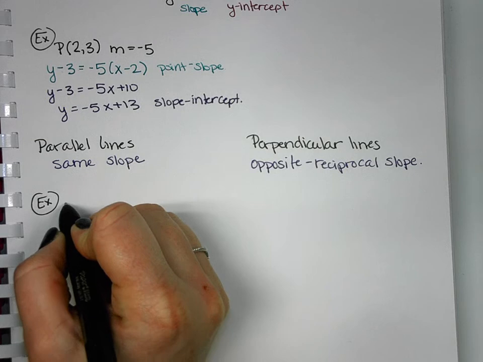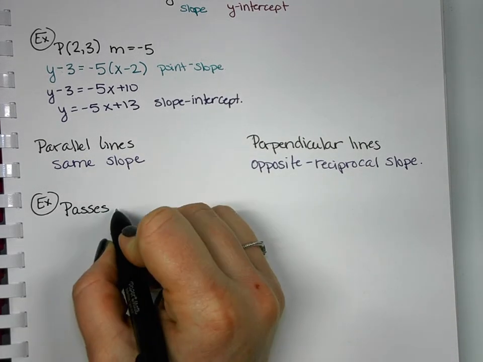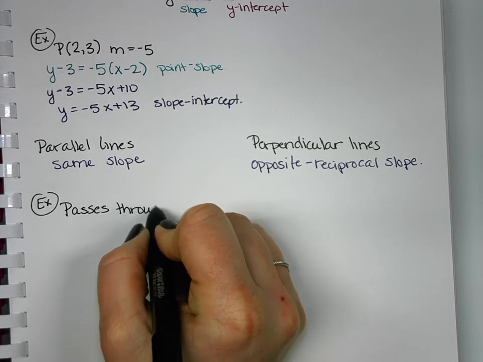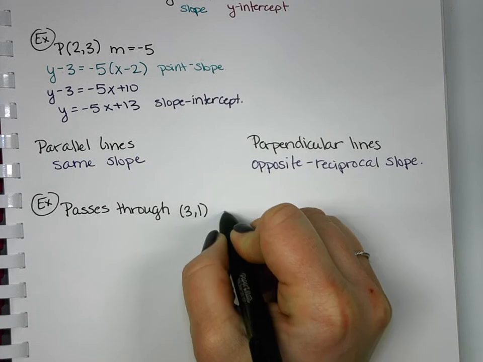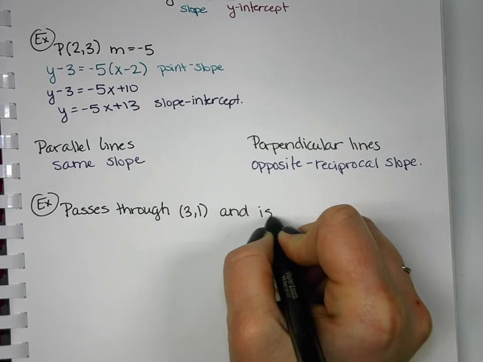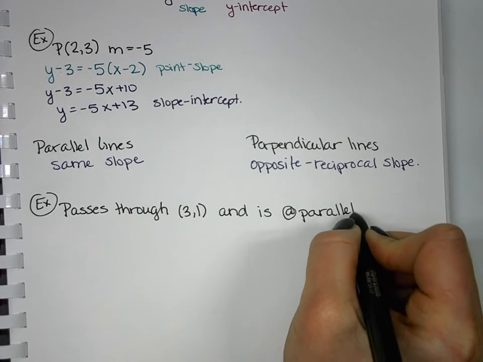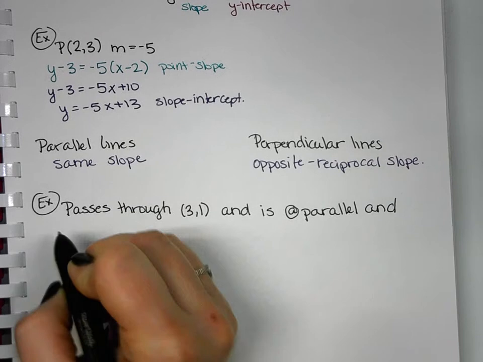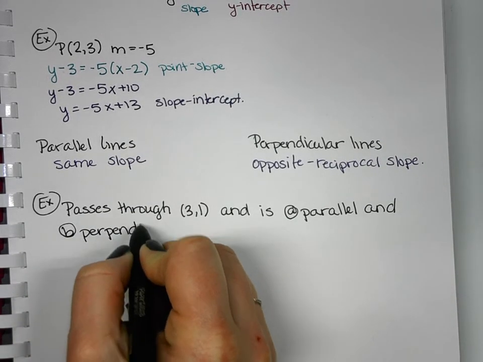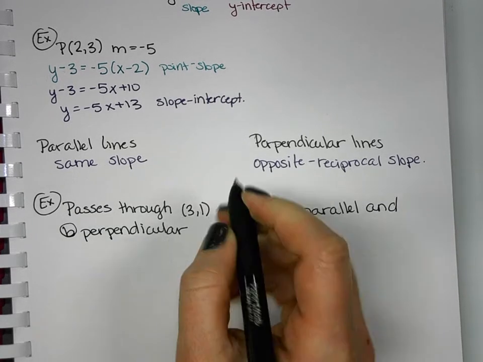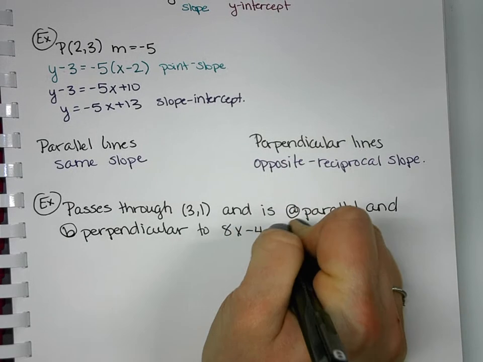It'll tell you that the line passes through a point and is A, parallel, and B, perpendicular to 8x minus 4y equals 5.